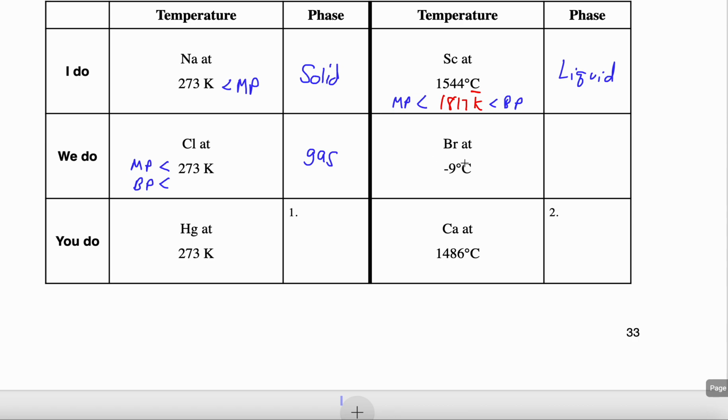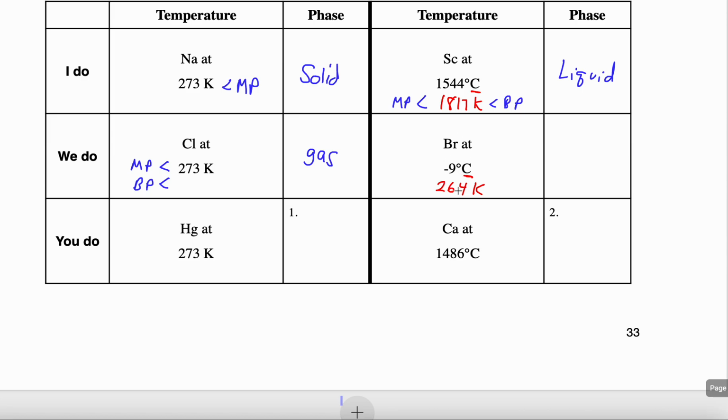Last example here is bromine, and bromine, once again, is being held at -9 degrees Celsius. So I have to change the Celsius temperature to Kelvin to compare it to the Table S melting and boiling points. So when I add 273 to -9, I end up with a temperature of 264 kelvins. So I need to compare the Kelvin temperature to bromine's melting and boiling point.